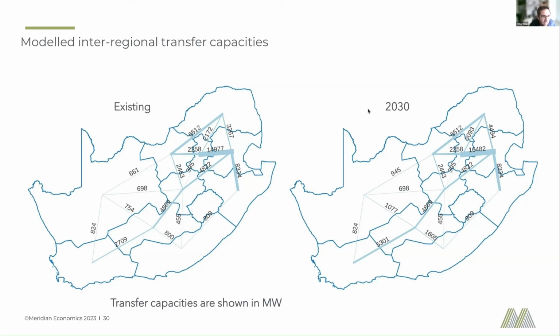If we take the existing grid, we have in the order of 2.7 gigs of transfer capacity, for example, between the Western Cape and the Hydro cluster. Then as the TDP unfolds and another 765 connection comes in, we can see the transfer capacity between these regions increasing, but still limited in terms of how much can be moved through the central corridor.